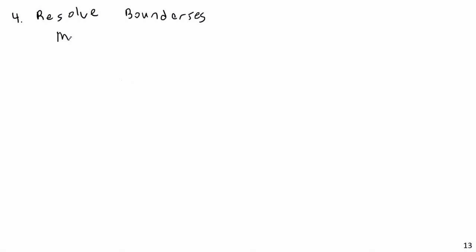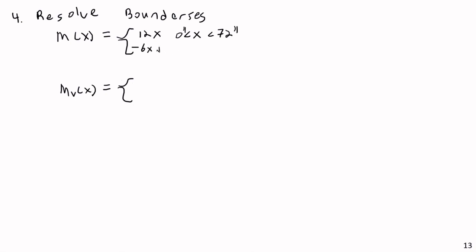M as a function of x is 12x when x is between 0 and 72 inches, and negative 6x plus 1296 when x is between 72 inches and 216 inches.